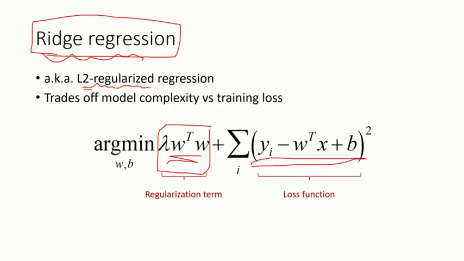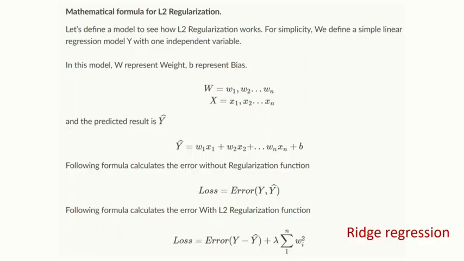This is still the regression, the difference between observed and estimated. So if you have this penalty term for the parameters, then this is called ridge regression.